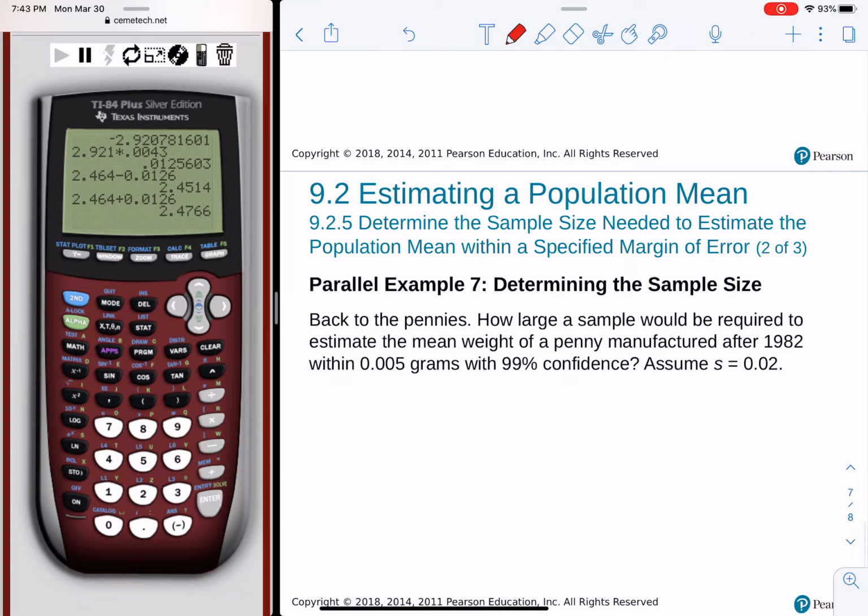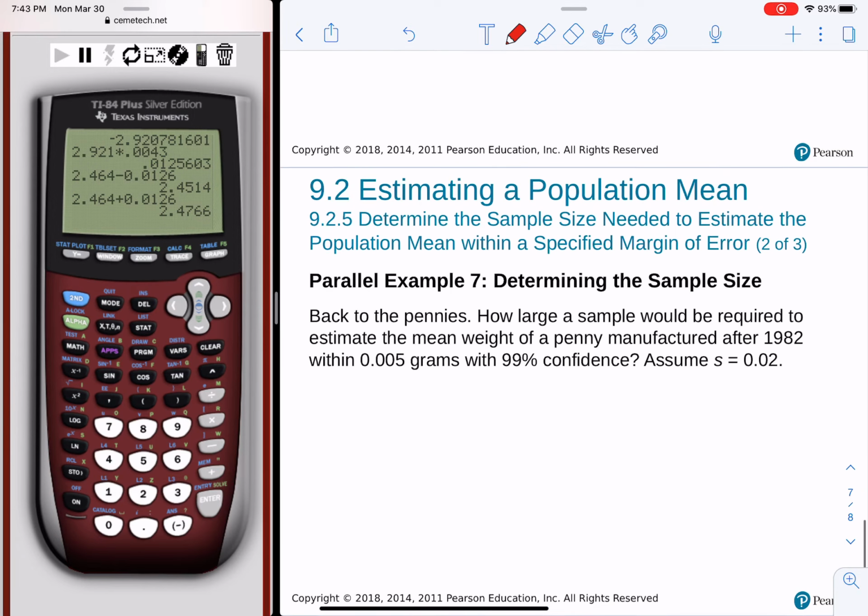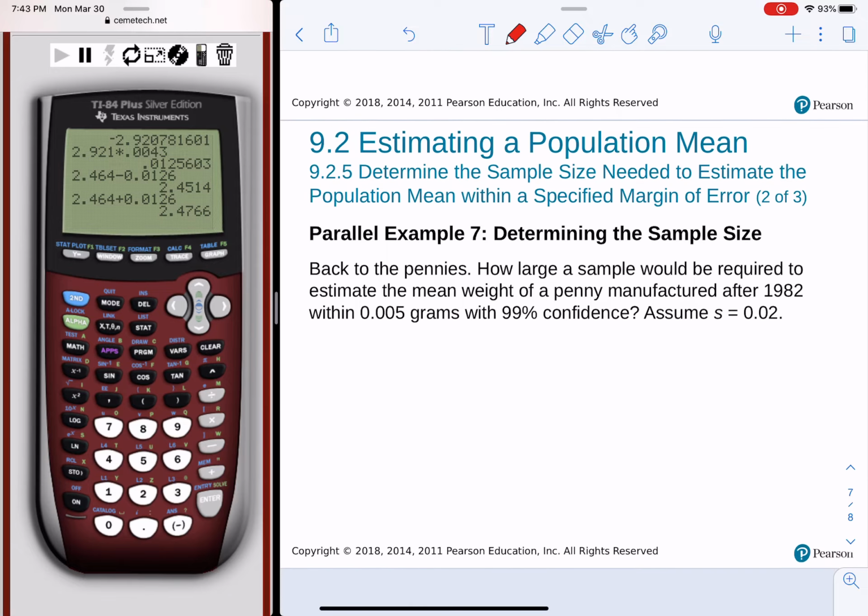So back to the pennies example, how large a sample would be required to estimate the mean of a penny manufactured after 1982 within 0.005 grams with 99% confidence, and we want to assume a standard deviation of 0.02.